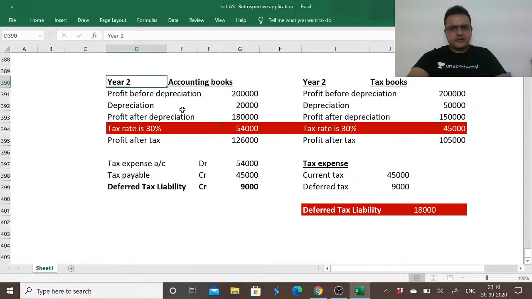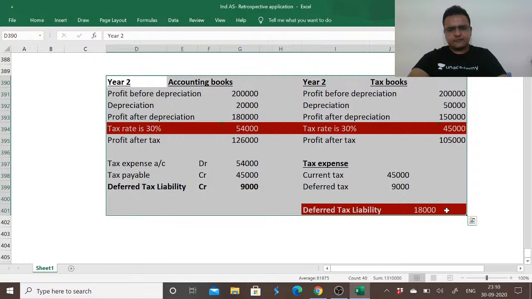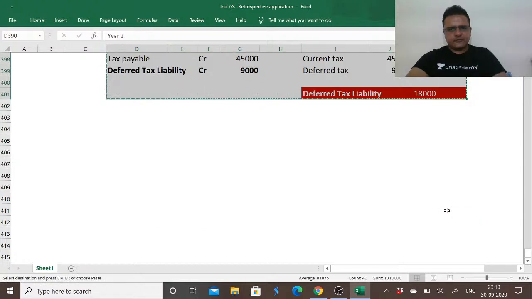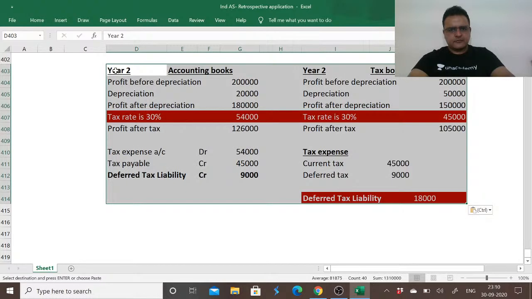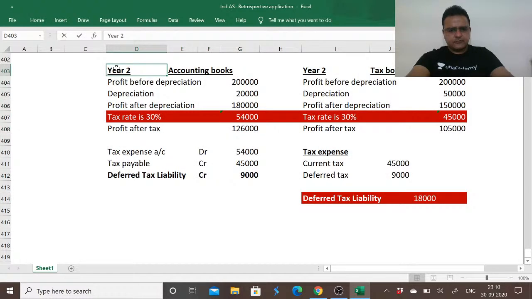In year 3, the depreciation charged by accounting books is nil because we've already depreciated it over a period of 2 years, resulting in a higher tax demand.